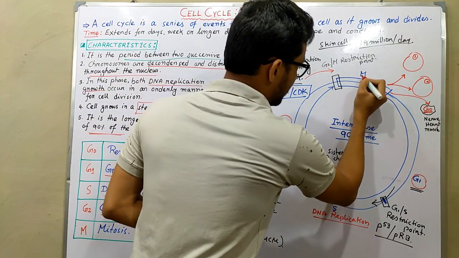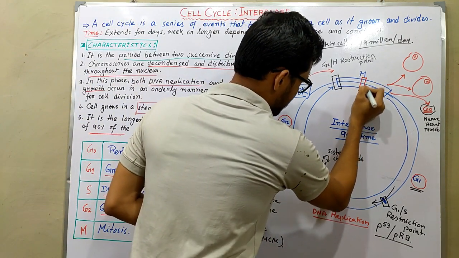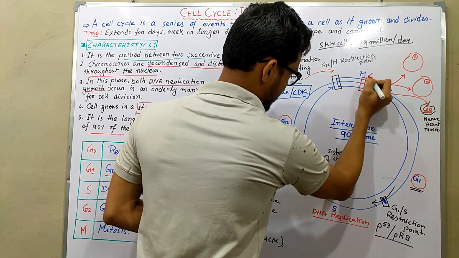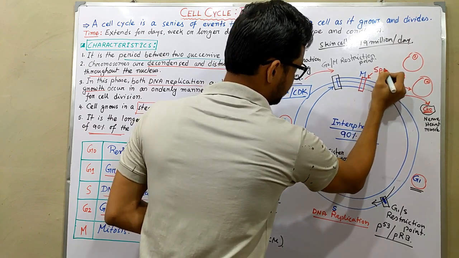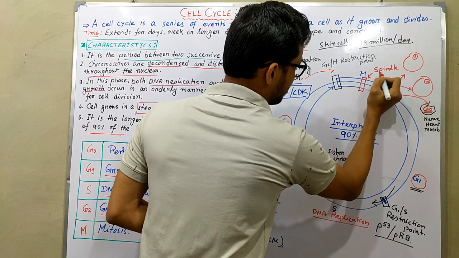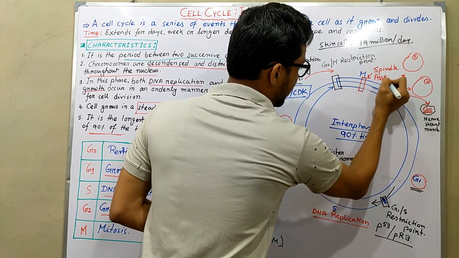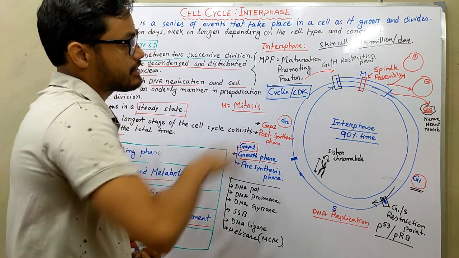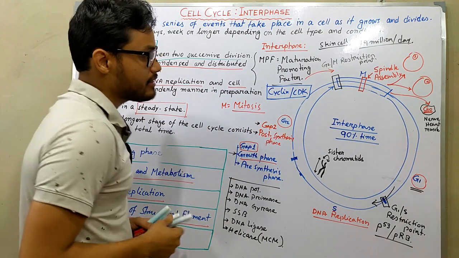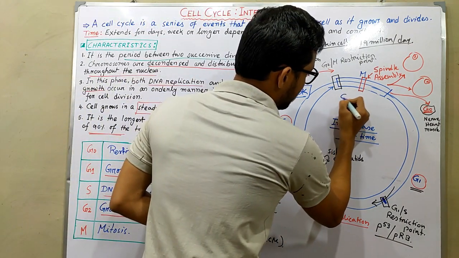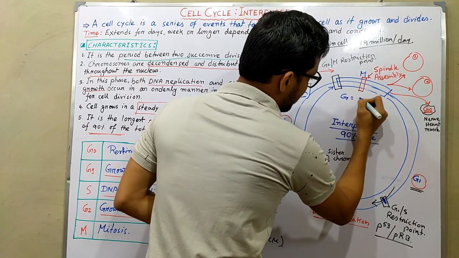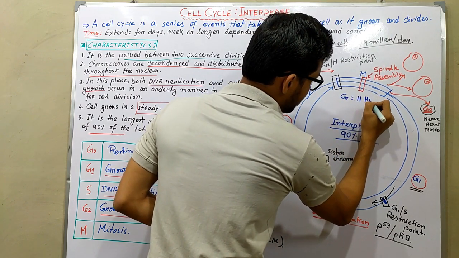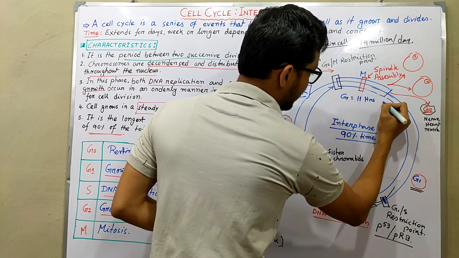Another restriction point present in the M phase is known as the spindle assembly checkpoint. In a human cell, the total cell division takes 24 hours.